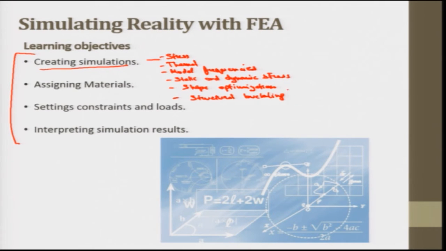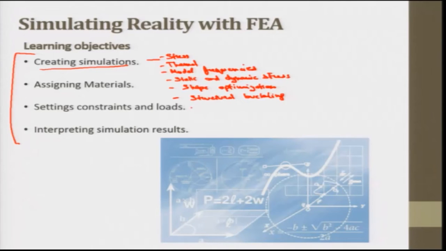Buckling is a phenomenon that is more associated with columns. Buckling of columns is one of the subjects taught in engineering, specifically in civil engineering and construction. It is when a column is subjected to a compressive load from both sides, it tends to buckle from the center. That is known as buckling. So, structural buckling can also be one of the simulations. Other than that, we can have event simulation, which I will discuss again in plant simulation.